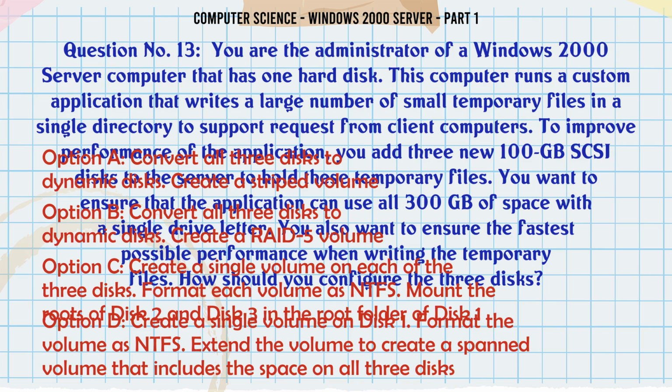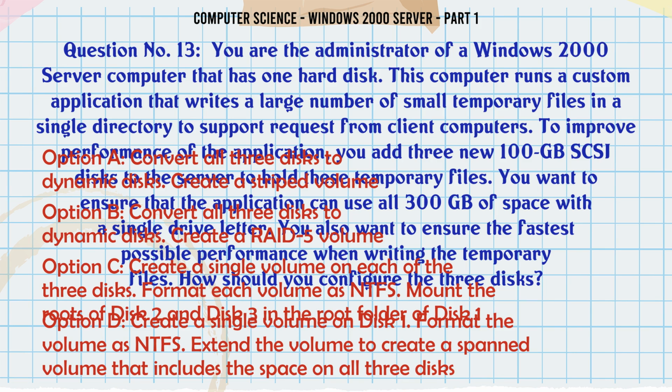A. Convert all 3 disks to dynamic disks. Create a striped volume. B. Convert all 3 disks to dynamic disks. Create a RAID 5 volume. C. Create a single volume on each of the 3 disks. Format each volume as NTFS. Mount the roots of disk 2 and disk 3 in the root folder of disk 1.